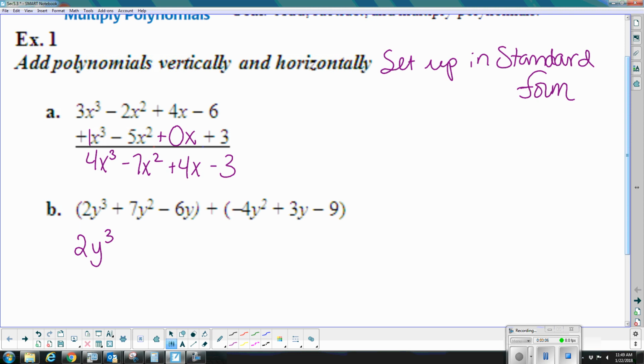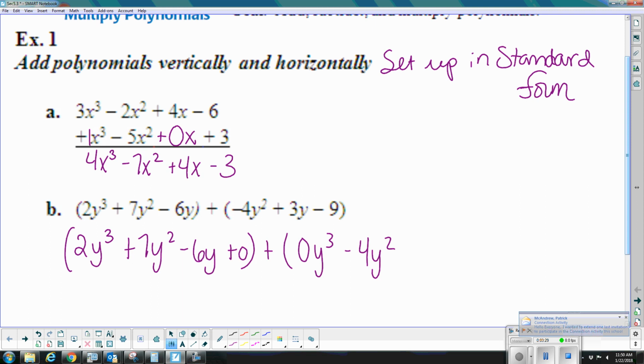So I would rewrite this as 2y cubed plus 7y squared minus 6y plus 0, plus 0y cubed, because in my first polynomial I have a y cubed, so I want to have a y cubed in my second polynomial. So that's 0y cubed minus 4y squared plus 3y minus 9.